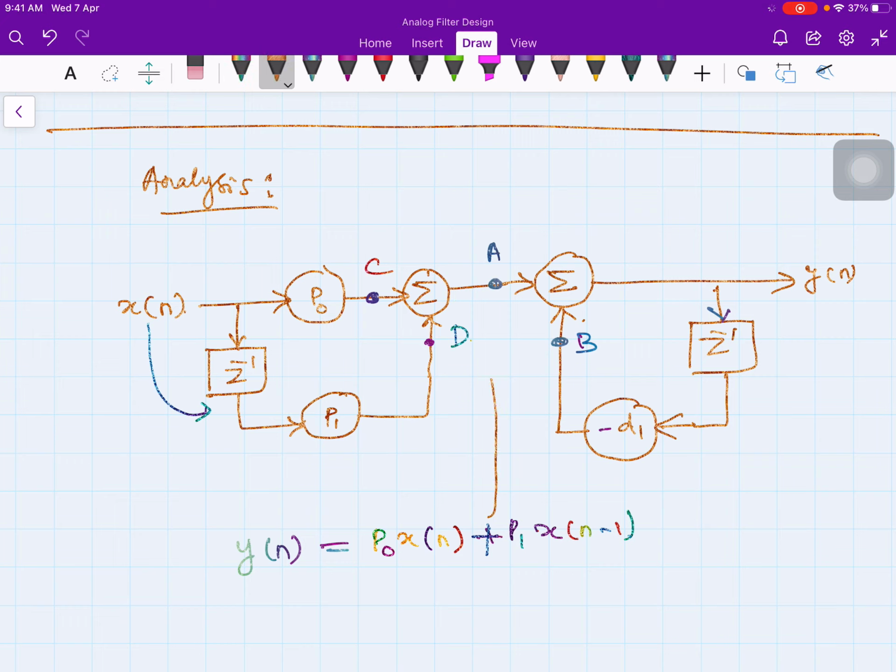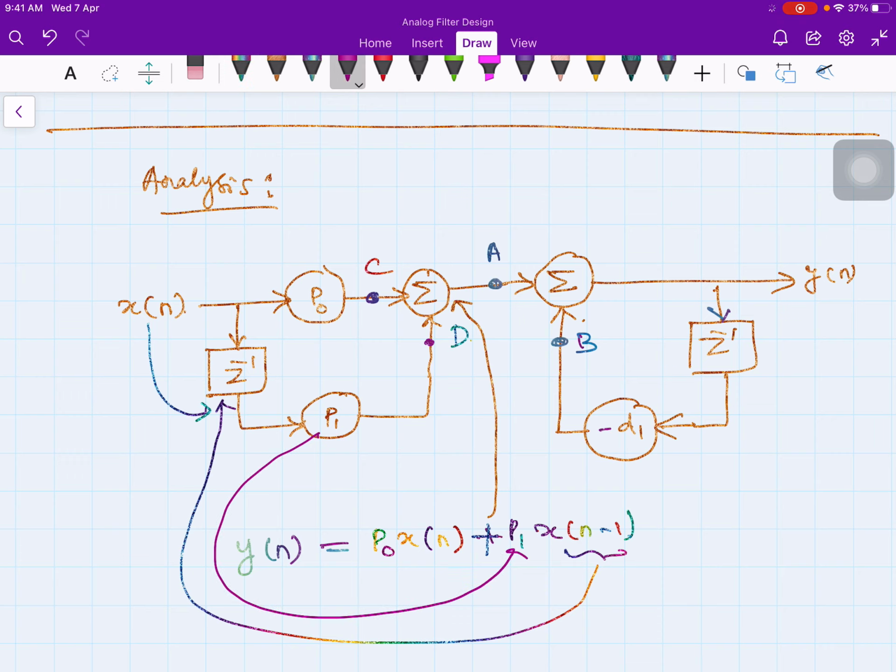This plus sign is coming because of that adder, and this n minus 1 is coming because of this delay, and this P1 is coming because of this scalar multiplier.